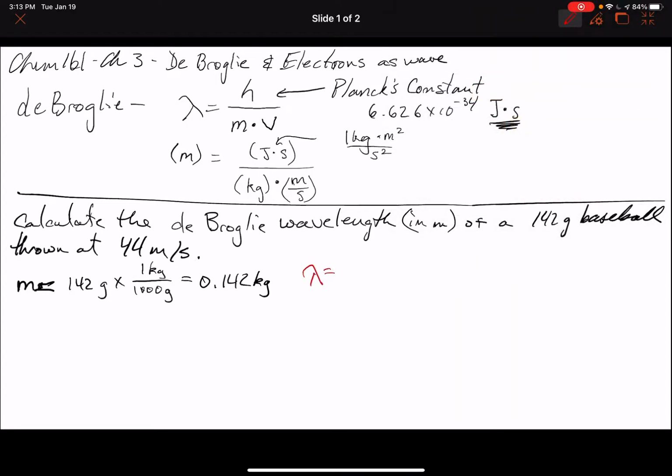Lambda, expecting an answer in meters, is equal to Planck's constant, 6.626 times 10 to the minus 34 joule seconds, divided through by the mass in kilograms. So this is 0.142 kilograms, times the speed in meters per second. That's a key requirement. Can't use any other speed variations there.